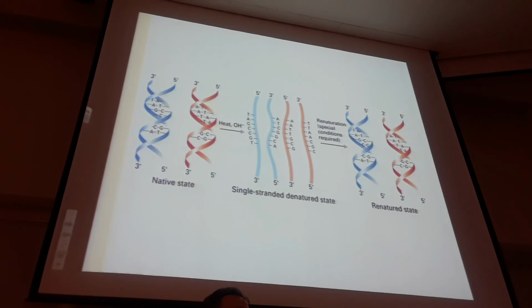So here it's similar. We can destroy the native state, for example, by heating up a sample of DNA. We actually provide enough energy so that these hydrogen bonds break, and then we have a single-stranded denatured state.